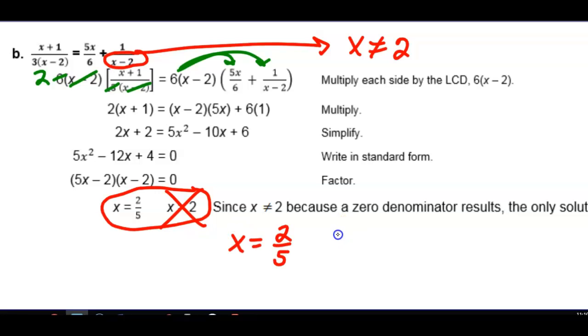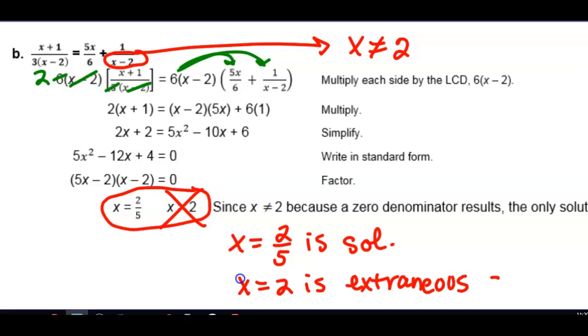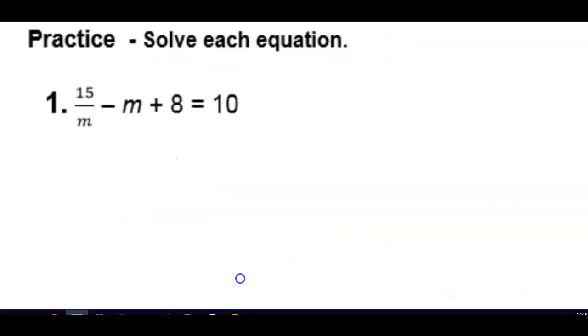But on the quiz, you're going to have to say that is a solution, but you're also going to have to pick x equals 2 as an extraneous solution. So be real careful that you're understanding how that came about and doing the algebra so that you can find both the real solution and the extraneous one.